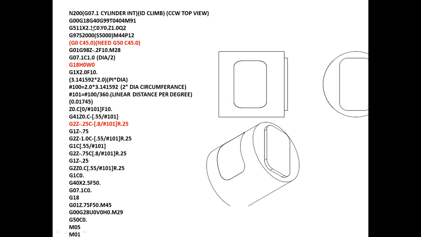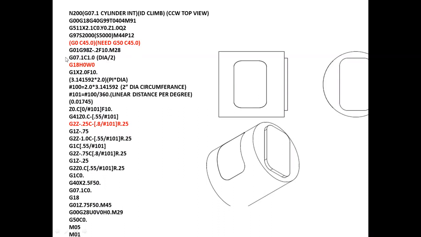The beginning is all the same. When you get to the point, I start with a Z minus 0.2. Actually, this rectangle shape is right at the Z0 position. I think I programmed it that way. Yeah, Z0. This line is a 0. So once you get to the position, you program G07.1 C1.0.